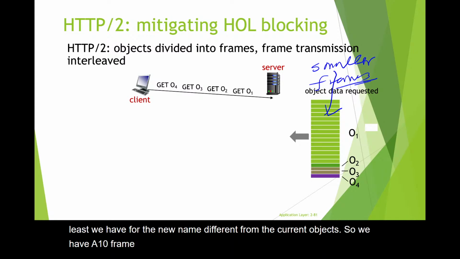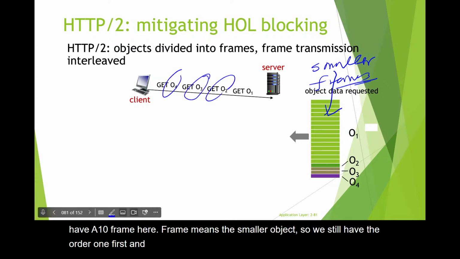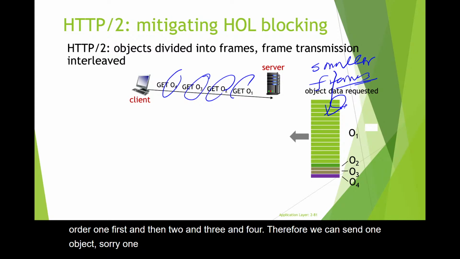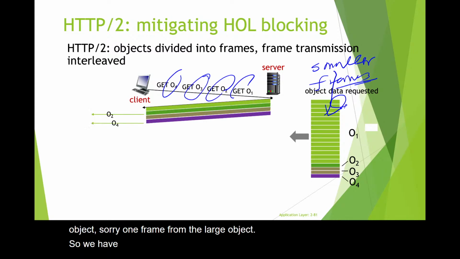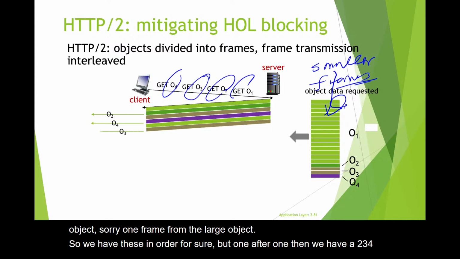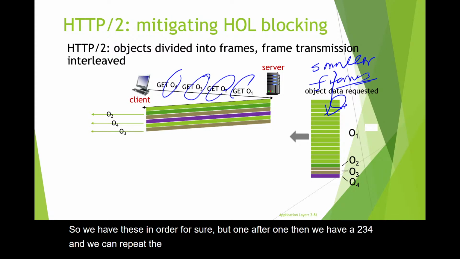Frame means the smaller object. So we still have the order 1 first, and then 2, 3 and 4, if we can send one frame from the large object. We have this in order for sure, one after one, then 2, 3, 4, and we can repeat the transmission for object 1.